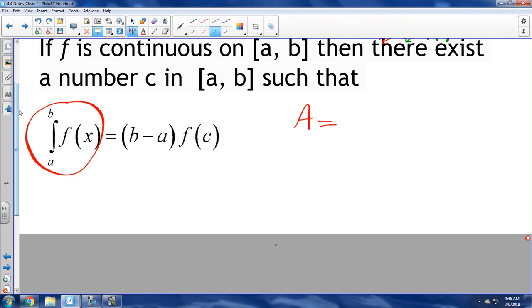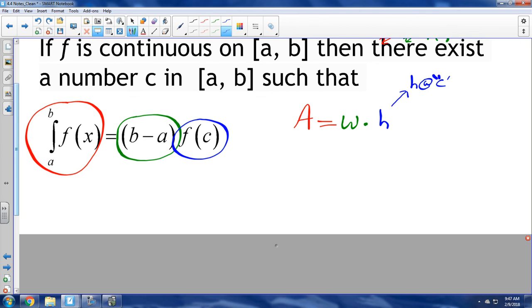What is b minus a from the previous video? That's the width of the region, okay? And then this is a height, some height, the height at c. So what they're saying is there's actually an x value. c is an x value.